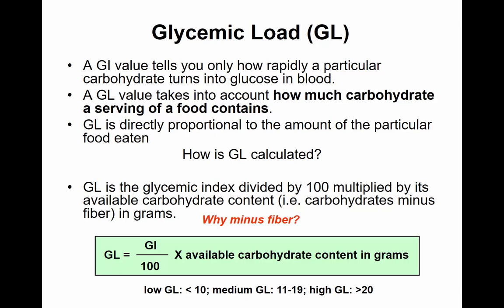And GL, the glycemic load. So in addition to GI, we also need to consider GL in order to evaluate the health benefit or the effect on raising blood glucose level. GI tells us how quickly a particular carbohydrate in the food turns into glucose in blood, right?